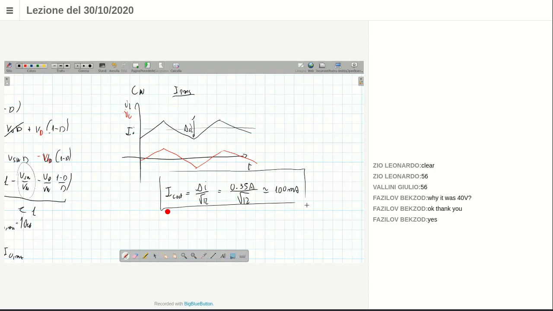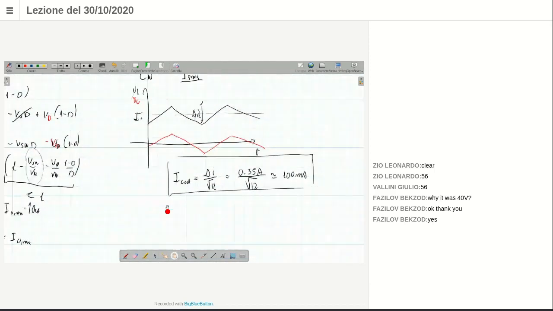output capacitor. If we look at the input capacitor, what is the waveform of the current flowing through the input capacitor?